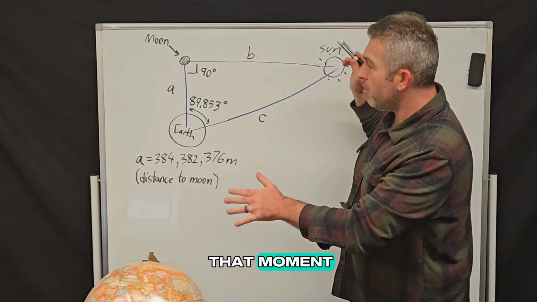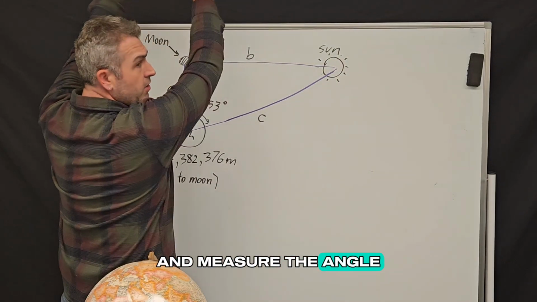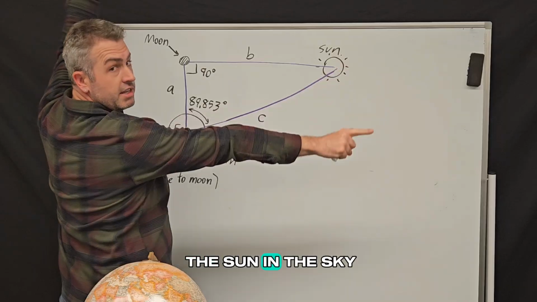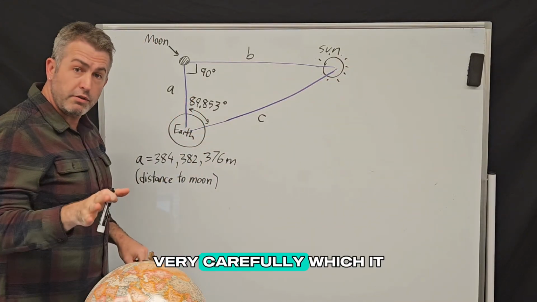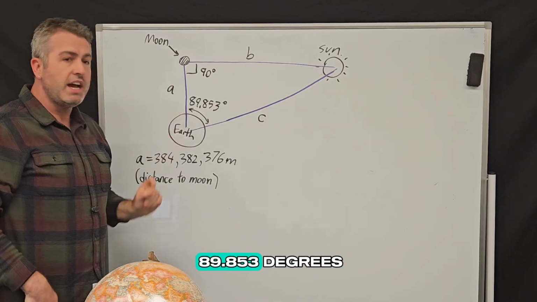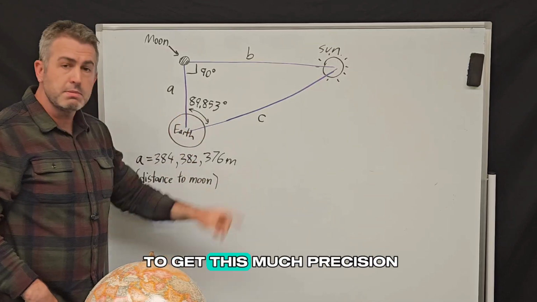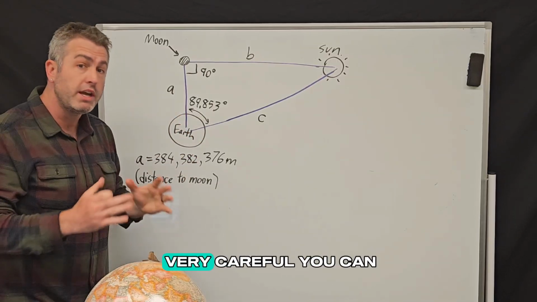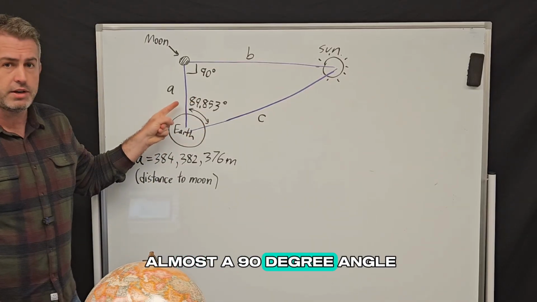If you wait for that moment and then look up at the moon and measure the angle to where you see the sun in the sky, that angle, if measured very, very carefully, which it has been done, ends up being exactly 89.853 degrees. And it's really hard to get this much precision, but if you are very careful, you can achieve this. So this is also almost a 90-degree angle.